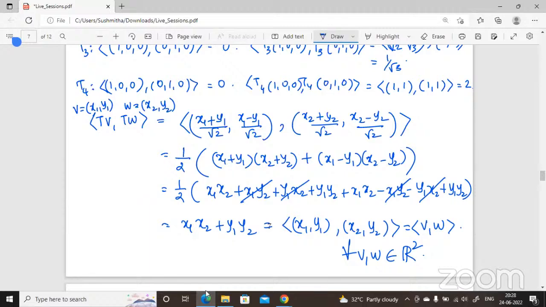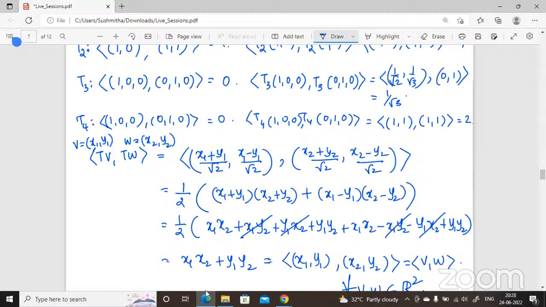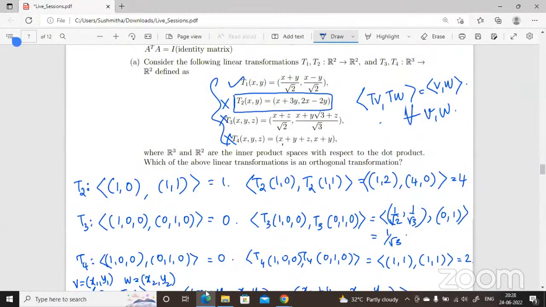Can you see that because of this minus sign only, some terms are getting cancelled? If everything was plus, then terms wouldn't have got cancelled. So having too much plus like this is not going to work.